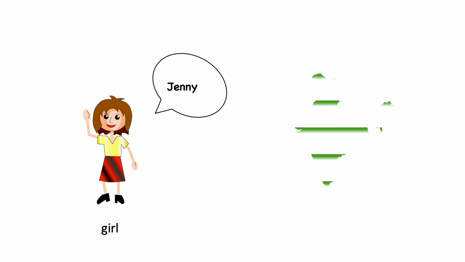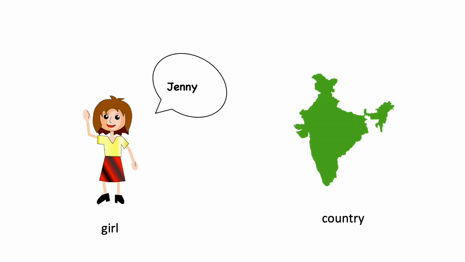Let's say a country. Here, it is a common noun because we're again not being specific. It can be any country. But if we say that this country is India, then we're being more specific about what country it is. So this now is a proper noun.